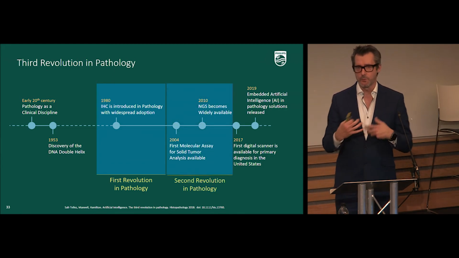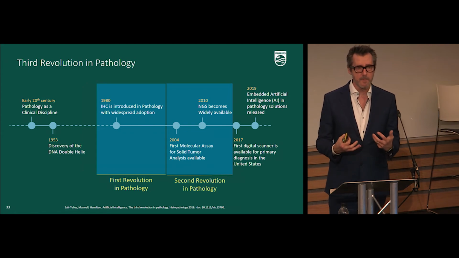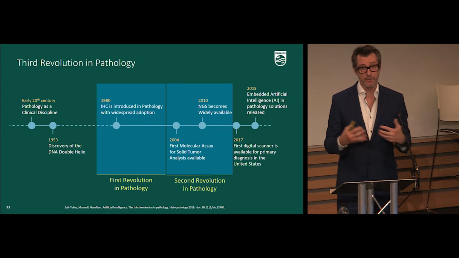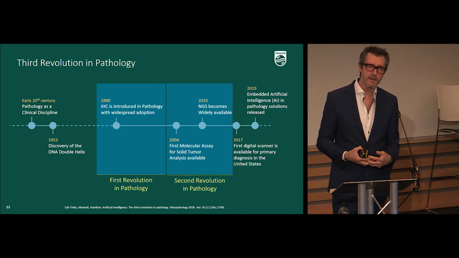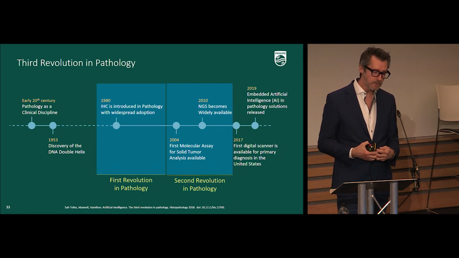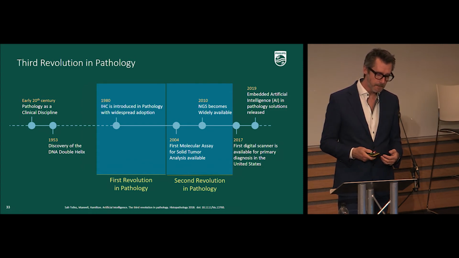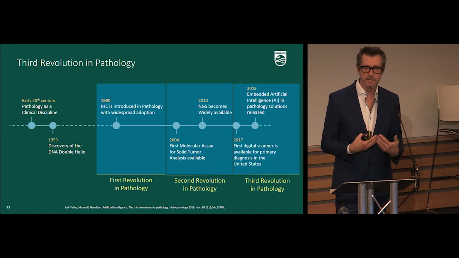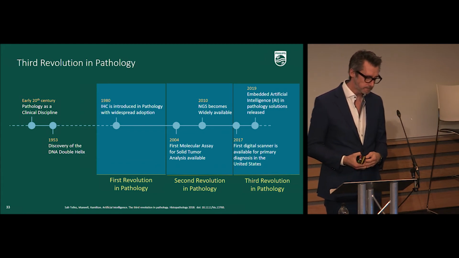The second revolution was really around understanding the molecular diagnostics of diseases such as cancer, but where pathology continues to be a really important facet in understanding the importance of those molecular changes. The third revolution, I believe, is digital and computational pathology.